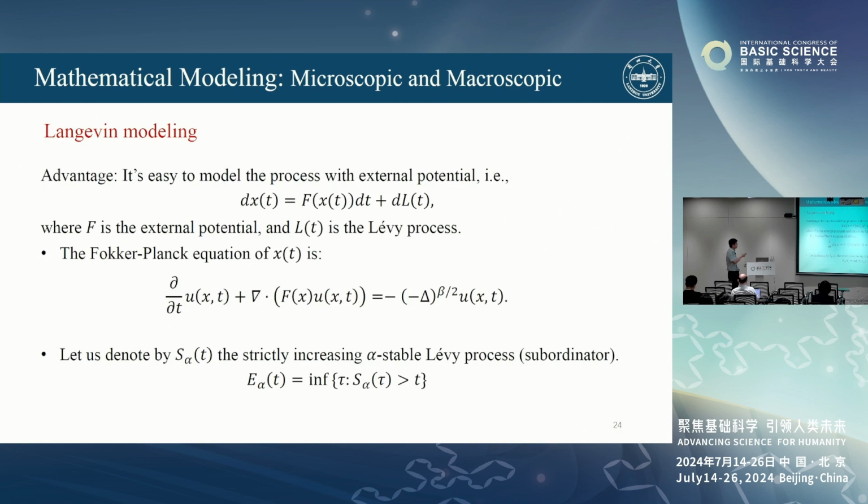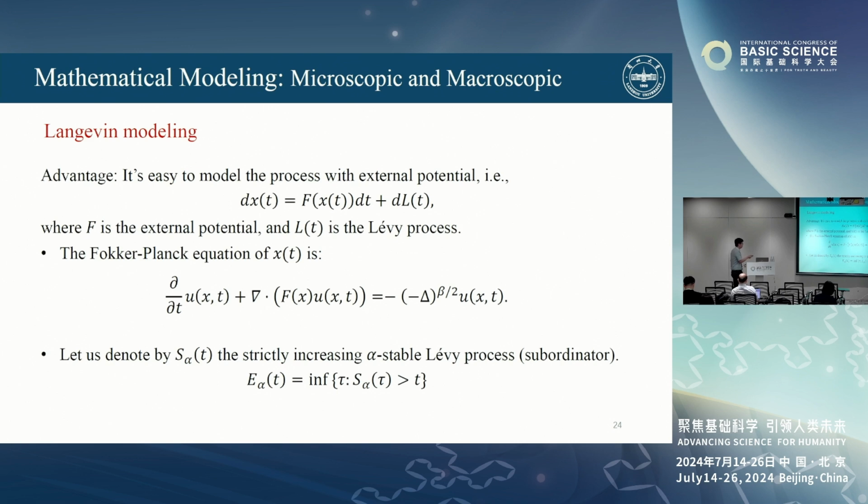Another one, of course, is Langevin modeling. The first part mainly focused on the CTRW framework. Here we can also build a model, and in the Langevin model in this framework, we use, for example, F(x,t) dt plus dL_t, for example with an external potential. F is the force and L is the Levy process.